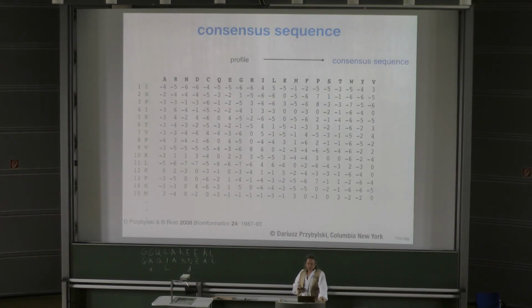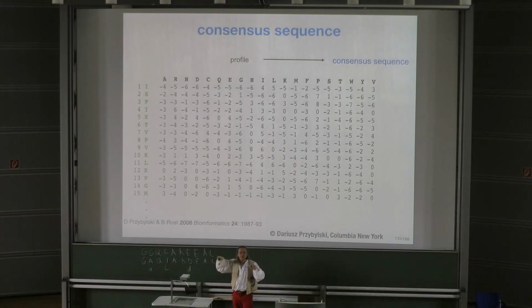So let me give you the answer that I mean. It's the consensus sequence. So what we do is we build up the profile. So this is the running sequence. These are the 20 amino acids here, and every single position. So you do the alignment, you build up a profile at every single position, 1, 2, 3, and so on.